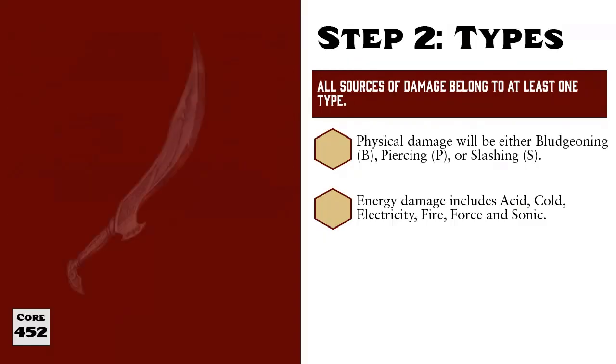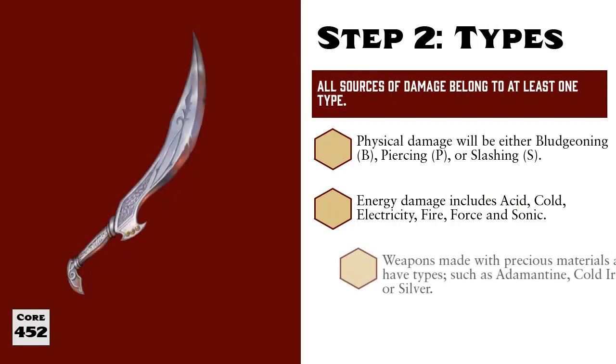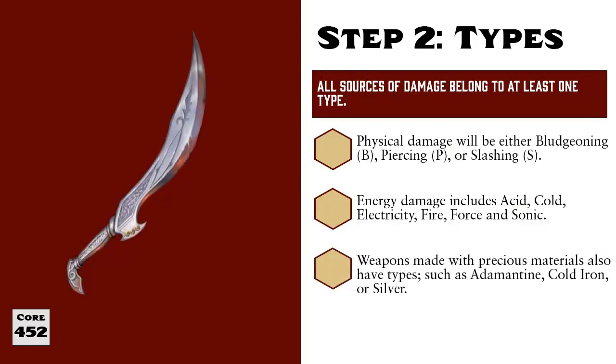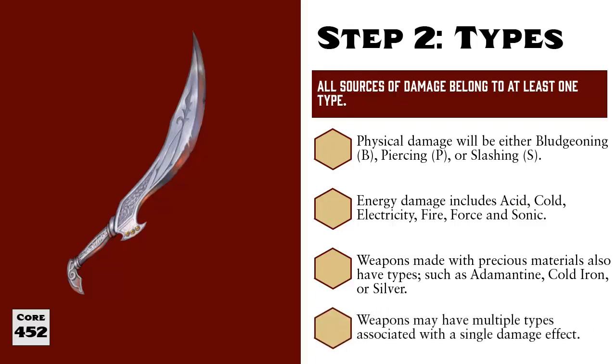The material a weapon is made out of is also important to note. For example, weapons made from adamantine, cold iron, or silver. Because of this, some weapons will have more than one trait assigned to a single damage effect. So let's consider that warhammer and the skeleton again.